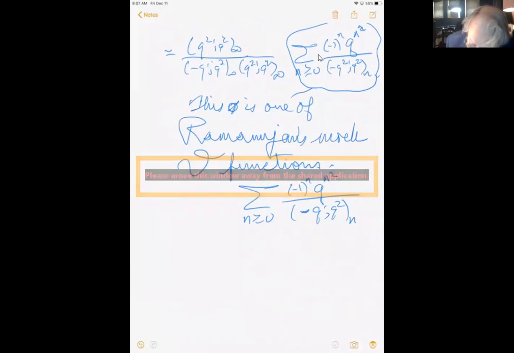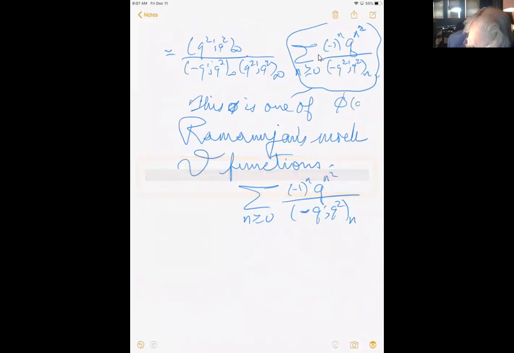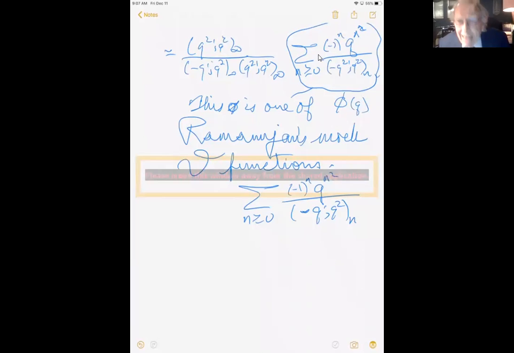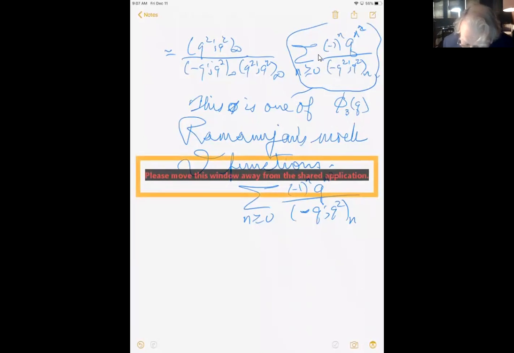And this is the mock theta function he called phi of q. Bruce and I, in editing the Lost Notebook, put a 3 to make clear it was a third order mock theta function. This he called psi of q. Bruce and I put in 3, phi 3 of minus q, and this is psi 3 of minus q.